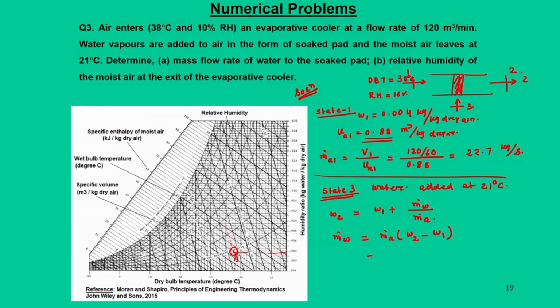So, m dot a you know, 22.7, omega 2 is 0.012. To do that we go along this constant wet bulb temperature line till we cross 21 degree centigrade. When you cross this we will have this number, 0.012.